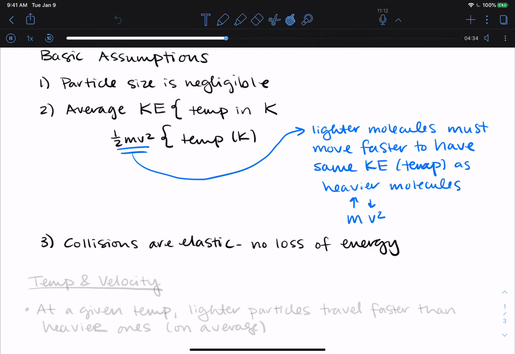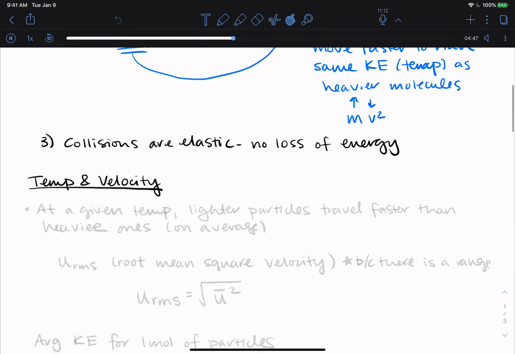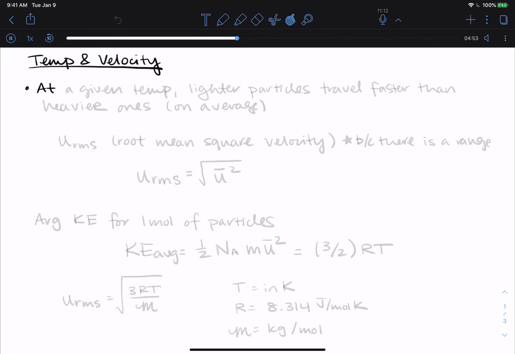So I want to do a little bit more about temperature and velocity, and we'll end up defining some additional terms that we use when we're talking about how gases move. So just kind of a restatement of what we just had. At a given temperature, lighter particles travel faster than heavier ones.